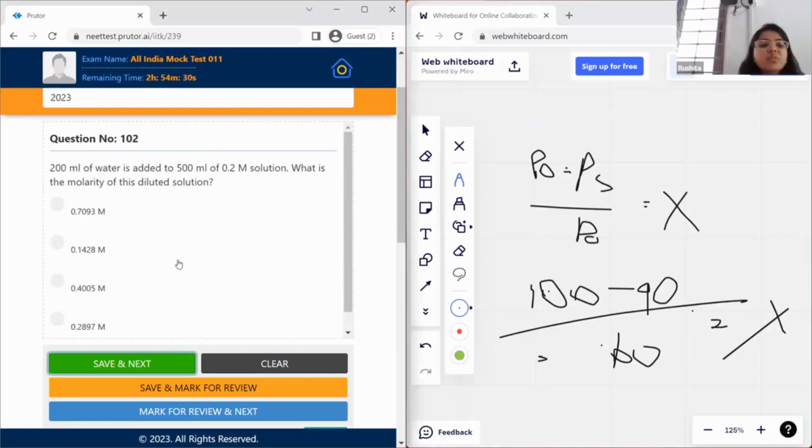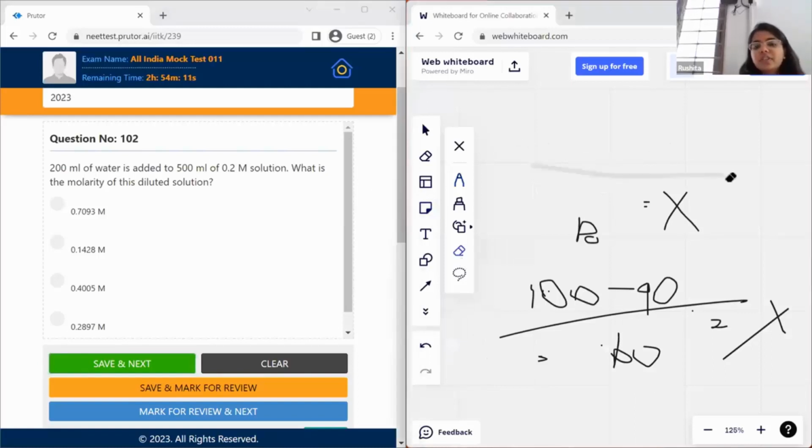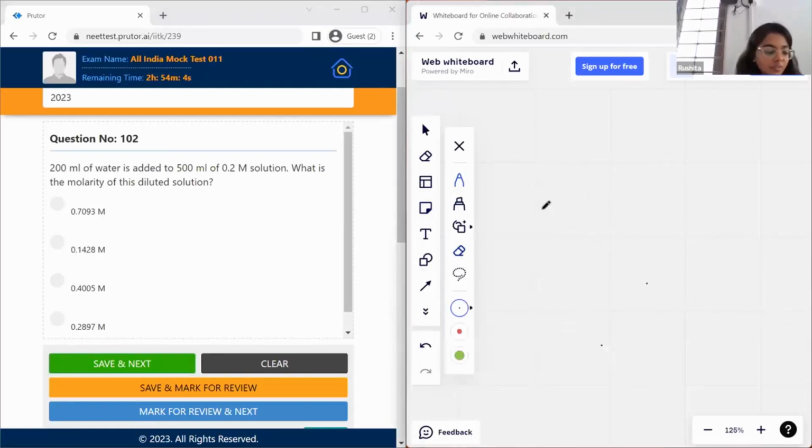Here you just need to find the molarity of the new solution. So we need the formula M1V1 equals M2V2, where M1 and V1 are the molarity and the volume of the original solution, and M2 and V2 are the molarity and the volume of the new solution. So the initial volume is 500, the initial molarity is 0.2.